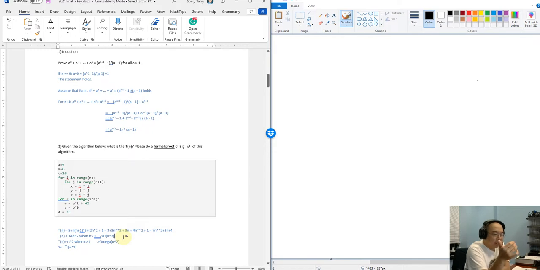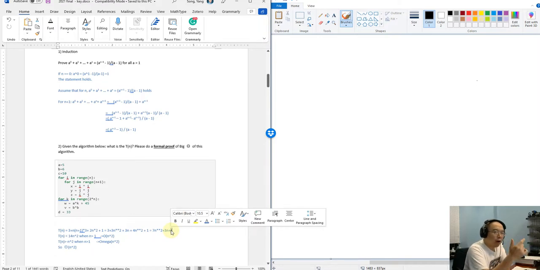I didn't prove it, but I'm assuming that we all know n squared is greater than n when n is greater than 1, and n squared is greater than 1 when n is greater than 1. That is the reason I select here, and I also select here. This is the idea that I borrow from induction, and I know we should be able to prove that, but I just assume that everyone knows it. So this is how I find the upper bound.